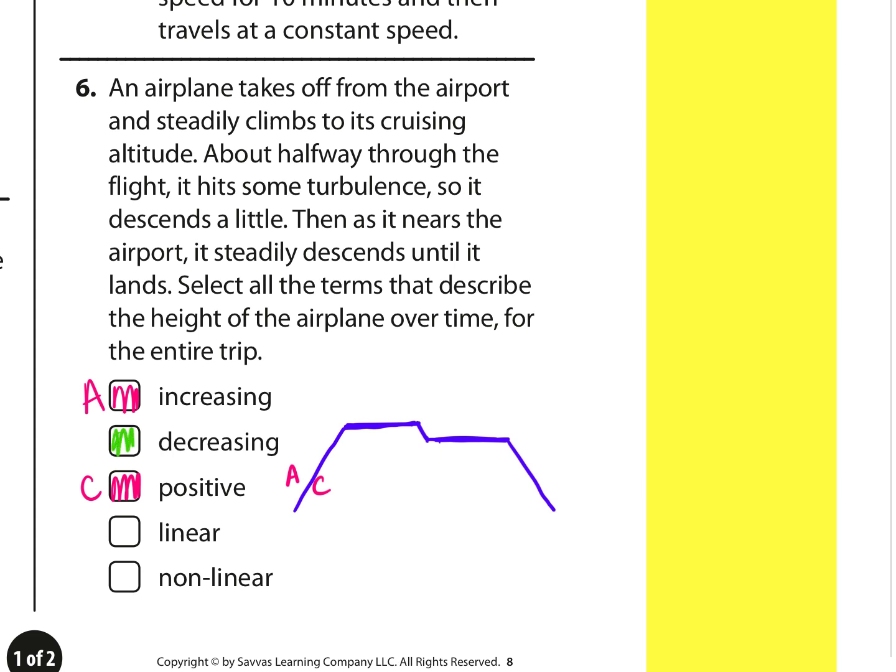It's decreasing, choice B, right here and right here. We do see some segments where it's linear. It is linear in every segment here. There are no non-linear segments because it's all made up of straight line segments, and we're just describing parts of it.